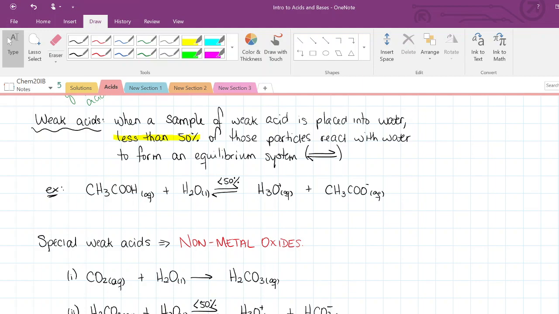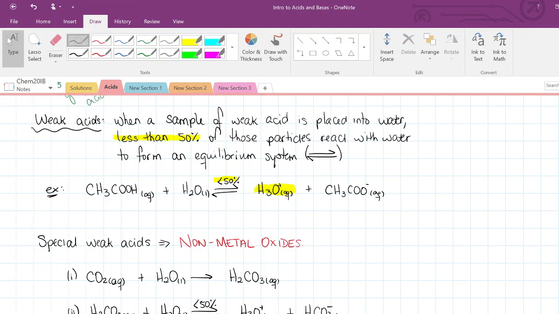This final hydrogen is going to be donated to the water to produce hydronium. And then what's left over is your CH3COO minus. Now, here's your proof of acid, right? You're producing hydronium. And then this is your proof of weak acid, that only less than 50% is going to react. And we use these equilibrium arrows when we write a weak reaction.